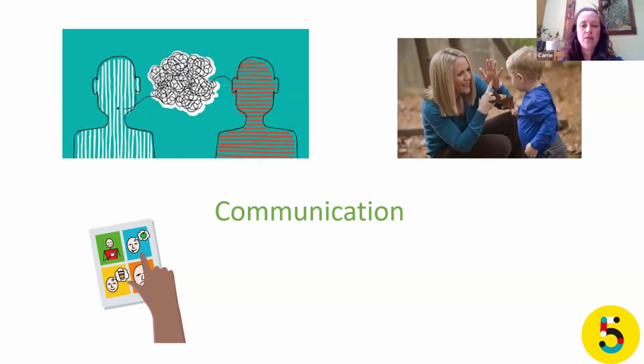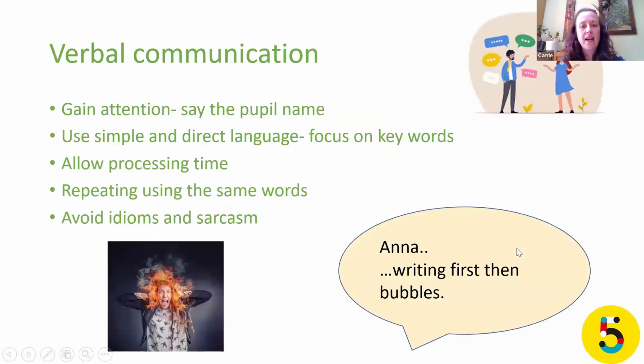So I'm hopefully going to take you through some of the different ways we can support all this variety of communication, picking up on some of those common difficulties that we often find autistic people can have.